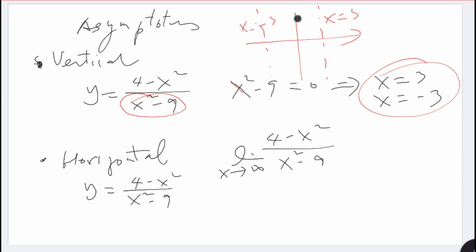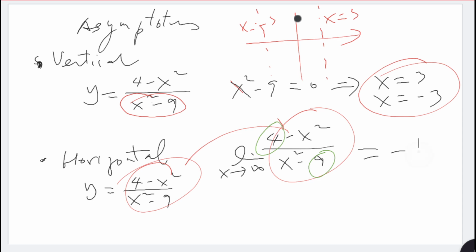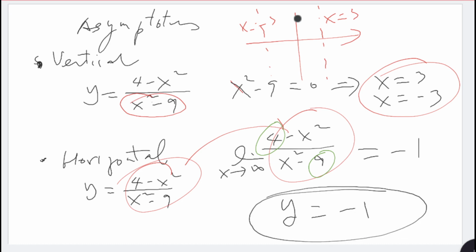We can apply L'Hopital's rule. We can also, when x approaches infinity, drop the lower order terms. It's just a different way to do it, and it's probably easier to just drop the lower order terms. Drop the 9, drop the 4, then x squared cancels out. We have the limit simply as -1. So y equal to the limit would be the horizontal asymptote.